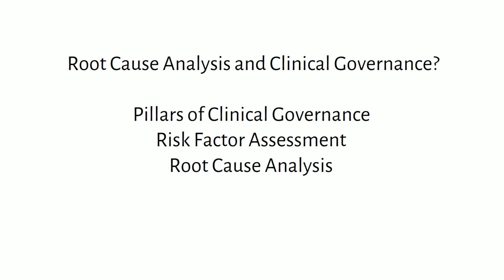Risk factor assessment is one of the pillars of clinical governance, and it acts mostly at institutional level. For example, it deals with laws, regulations, standards, corporate relationships, breach of confidentiality, human resource, and medication management.